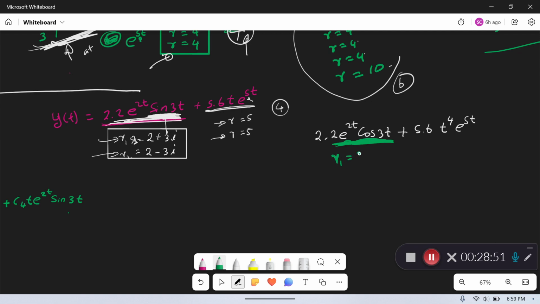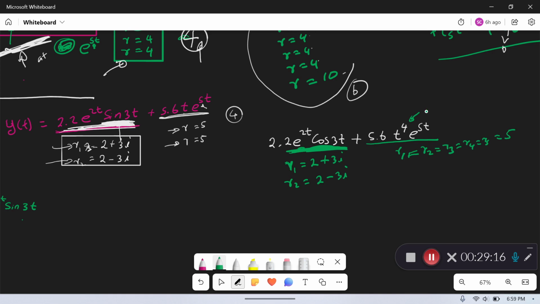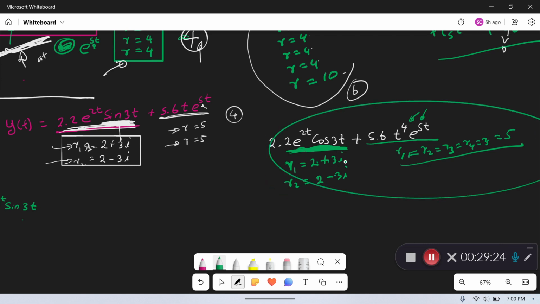Let's say R1 equals 2 plus 3i, R2 equals 2 minus 3i. And how about this? Here you have t^4. That means there should be 5 roots: 1, 2, 3, 4, and 5. So here you have 2 roots and 5 roots. Altogether you have to have at least an order 5 polynomial, right? Wait, altogether that is 7 roots, so at least order 7.